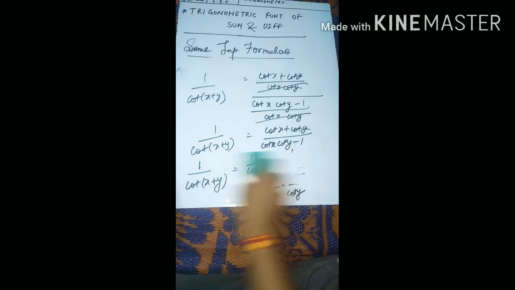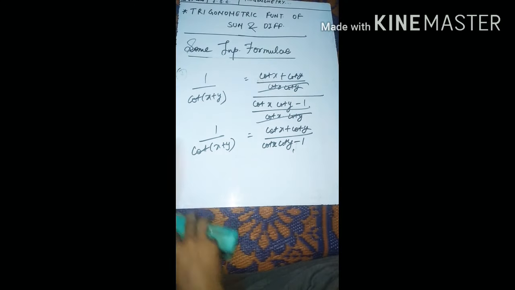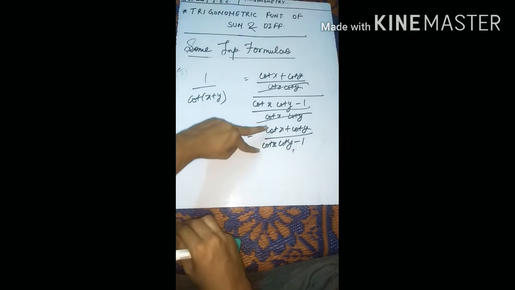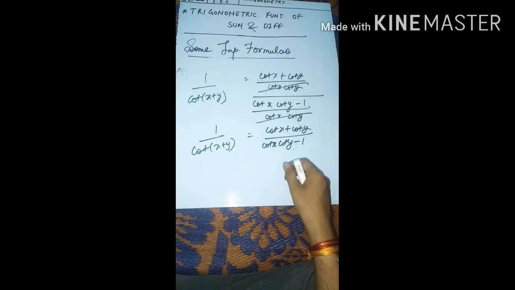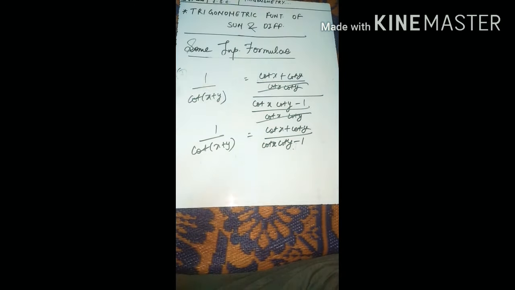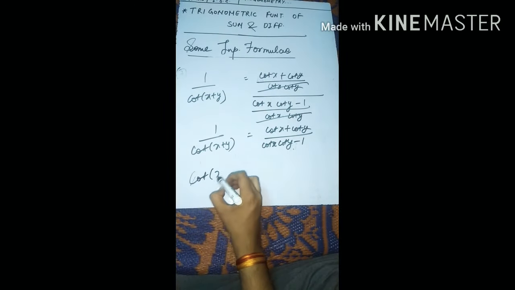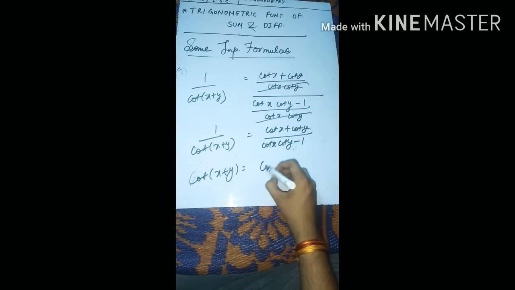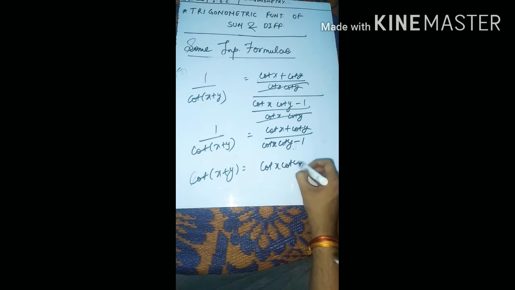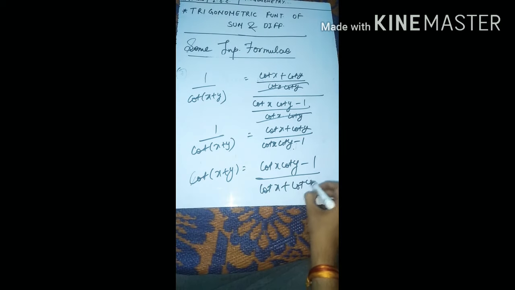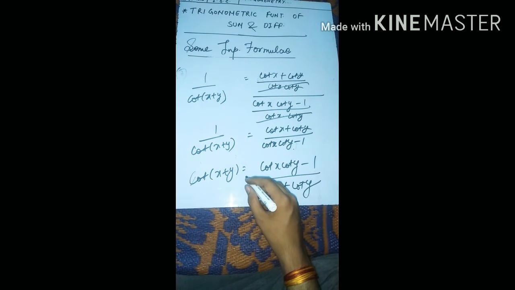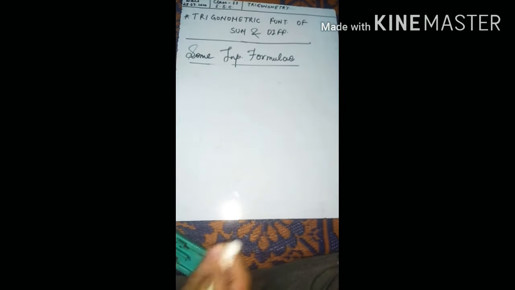Now what you want is cot(x+y). So if you reverse this, you need to reverse this also. Isn't this invertendo? We are using invertendo, that means you invert this one, so you need to invert this also. So we can understand the cot(x+y) identity will become (cot x cot y - 1) upon (cot x + cot y). Understood?